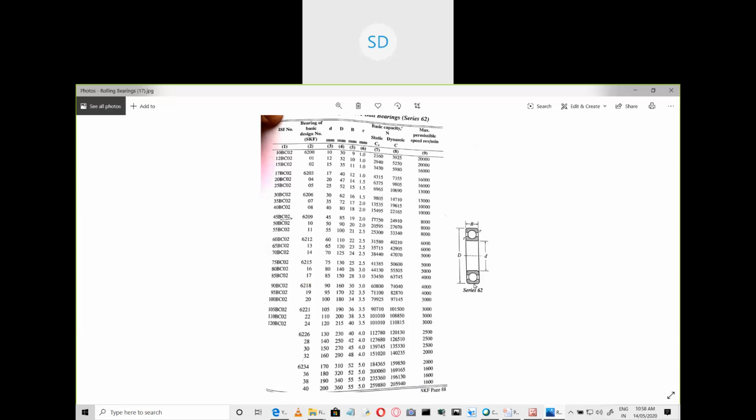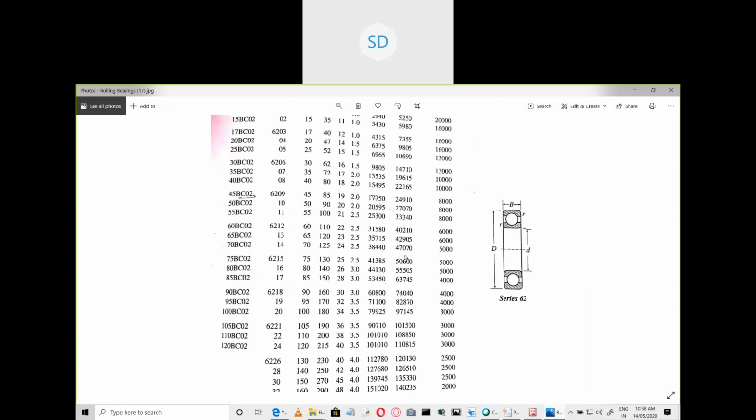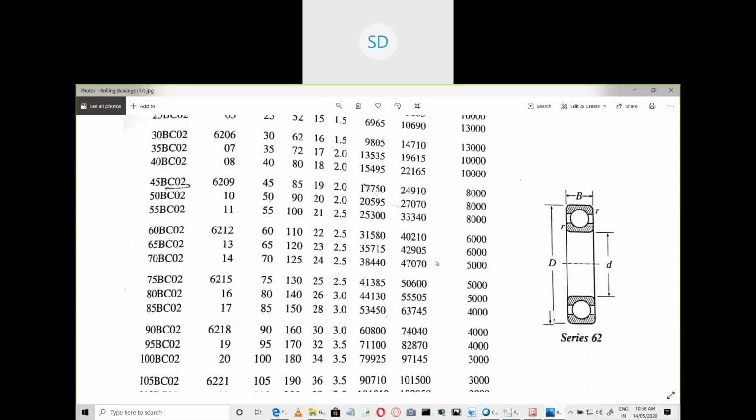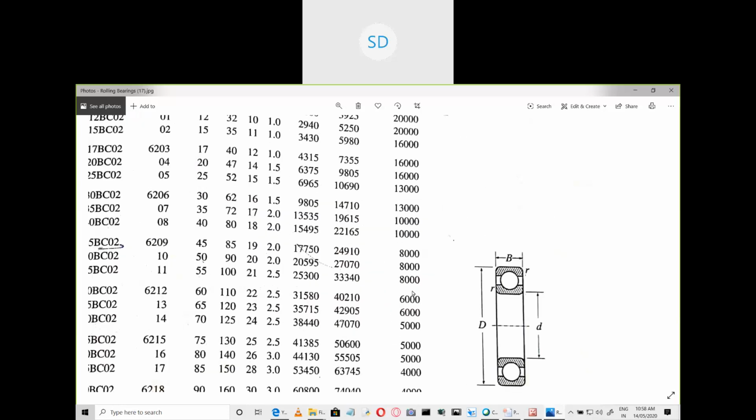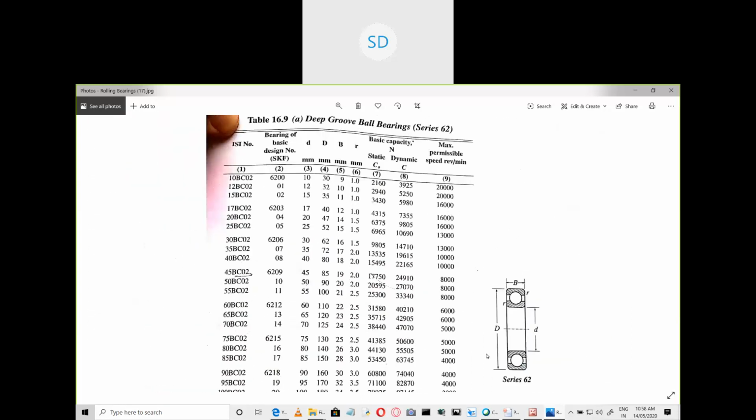Small diameter is the inner diameter of the inner race. This is the inner race, this is the outer race, and this is a ball here. Let us notice that they have provided the shaft diameter. Let us take 45 BC02.